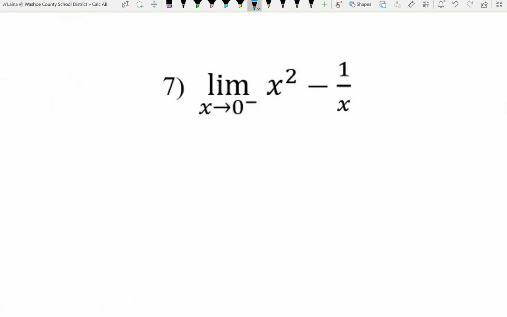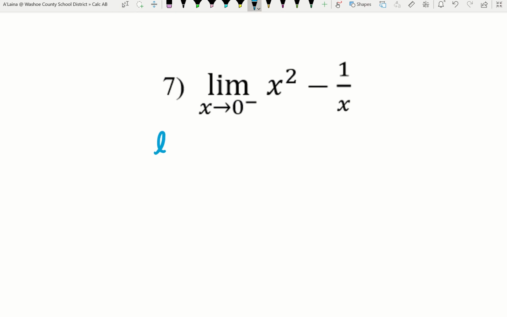For number 7, I want the limit as x approaches 0 from the left, which is a little bit unusual, of x squared minus 1 over x. I'm going to use a very graphical approach here because approaching from the left, that's pretty visual for me. So I'm going to actually draw a graph of each of these.